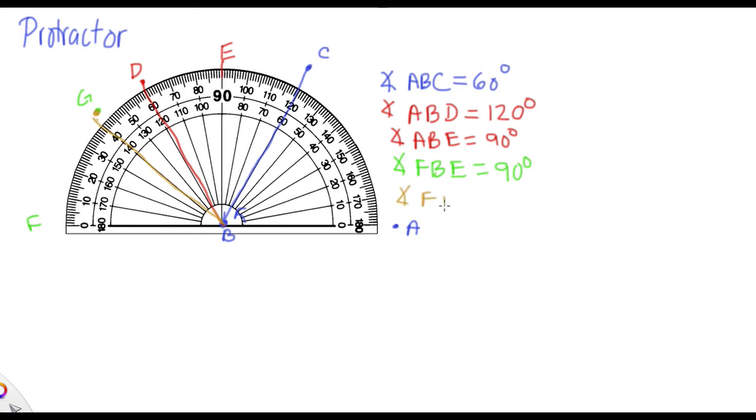Angle FBG would equal 40 degrees, because we're starting from the side F. Now, if we started from A and we looked at ABG, now we're starting from the opposite side. ABG is going to be bigger than 90 degrees, so it would have to be 140.